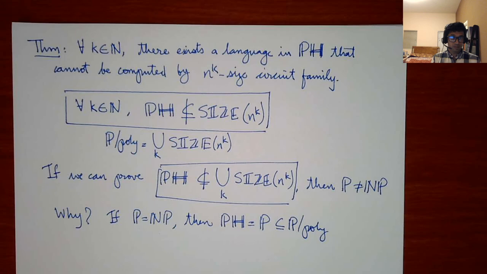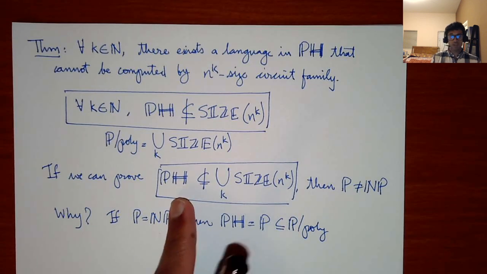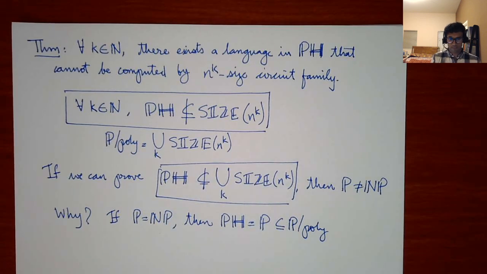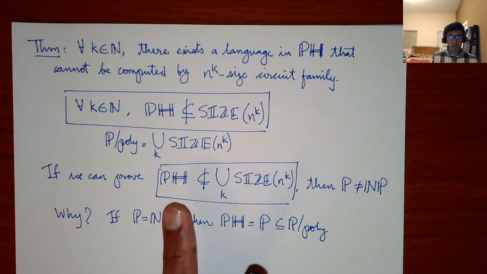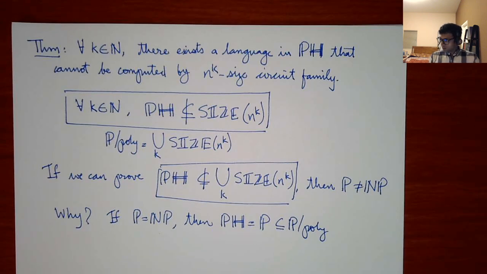And yet, as it has transpired, that's still very far off from proving that PH is not in P/poly. Because if the polynomial hierarchy is not in P/poly, then P is not equal to NP. So on that note, I'll end, and I'll take any questions that you have.